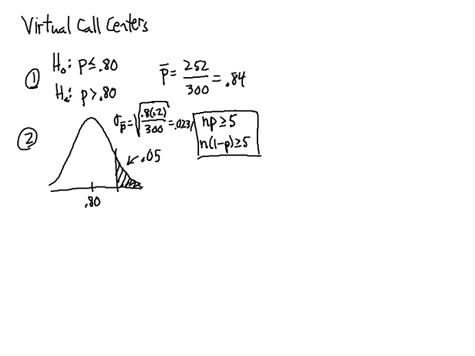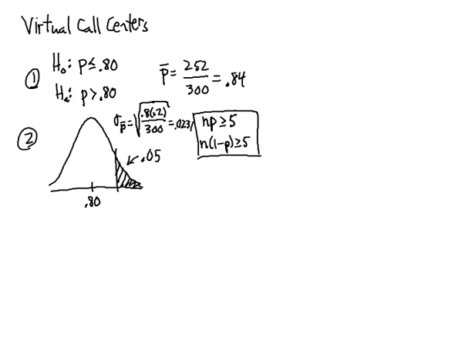Also notice that I'm using the 0.8, the value that I'm testing against in the hypotheses, as opposed to the 0.84, because I'm assuming the 0.8 is the one. And until we have evidence enough to reject that, we're going to use the 0.8 as the center of the distribution, and also the 0.8 in the standard error formula.